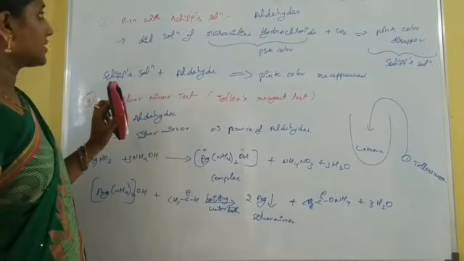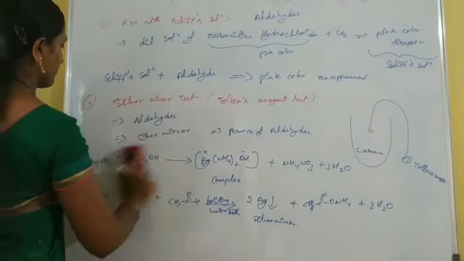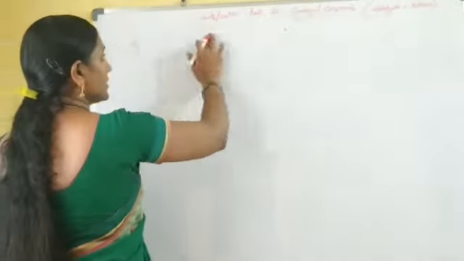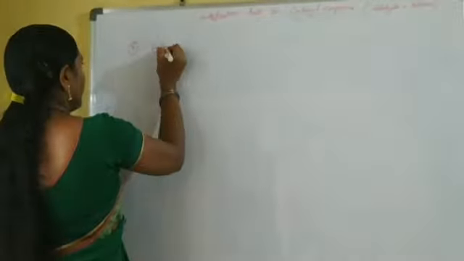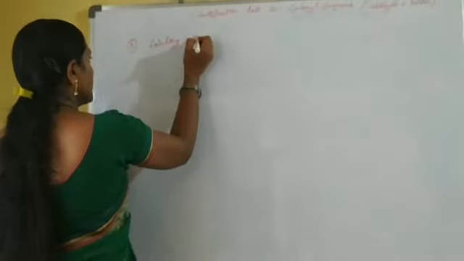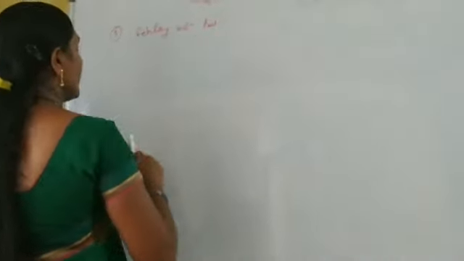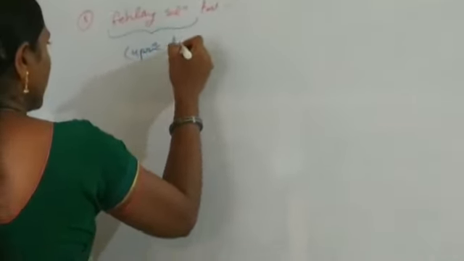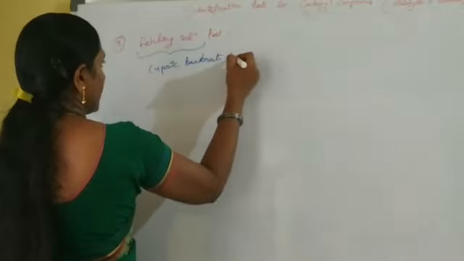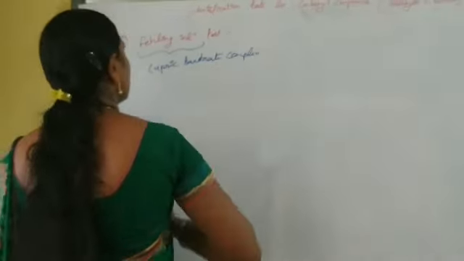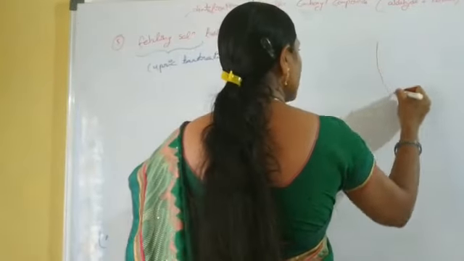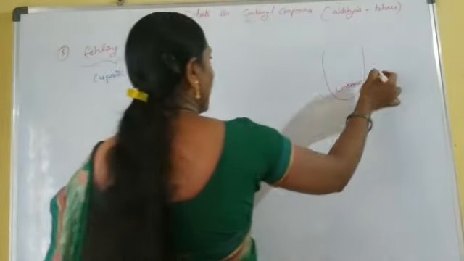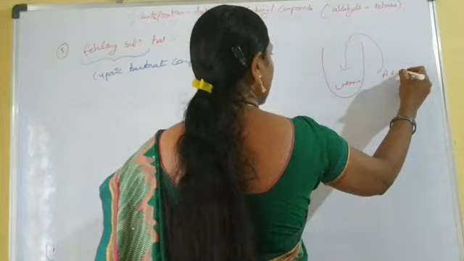Another identification test of carbonyl compounds is the Fehling solution test. Fehling solution contains a cupric tartrate complex. The unknown solution is taken in a test tube and Fehling solution A and B are added.